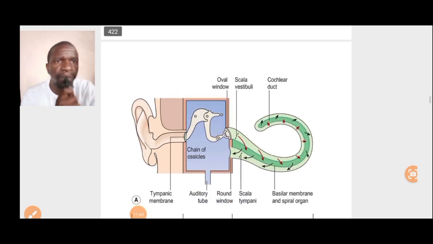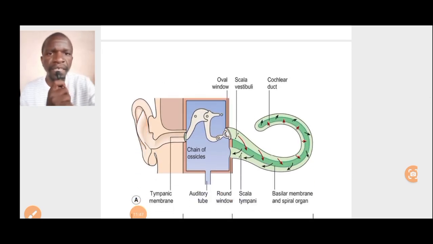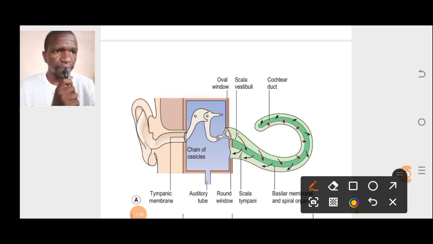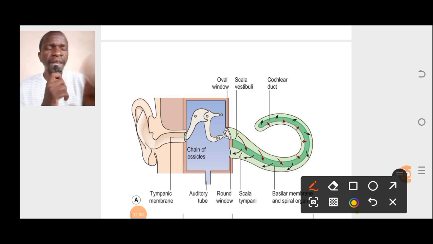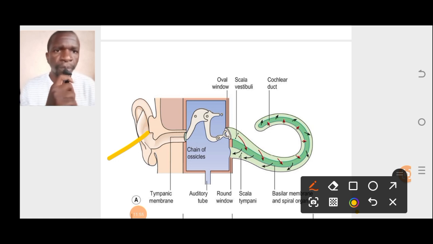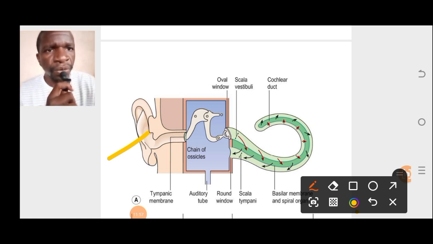So let me illustrate. The sound waves are picked up by this auricle. They are directed along the external acoustic meatus, or the auditory canal, which is this.